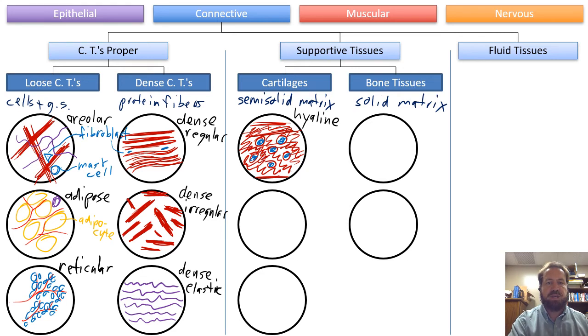And so you have this semi-solid matrix throughout here with these circles. The circles are called lacunae, lacuna singular, from the same word root as lagoon. And then the cells are called chondrocytes.